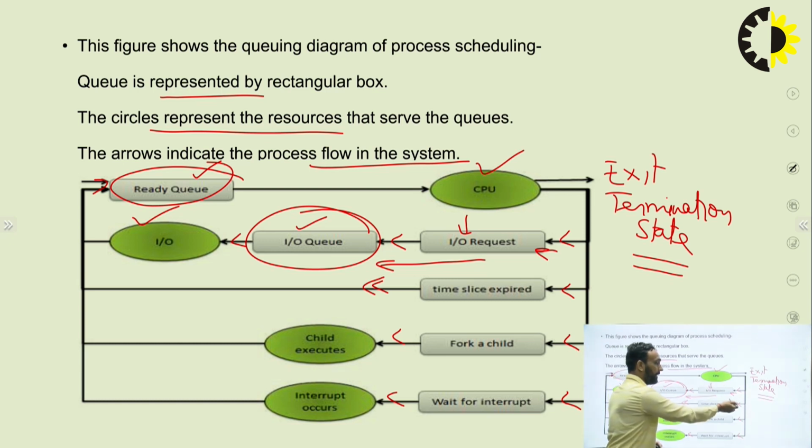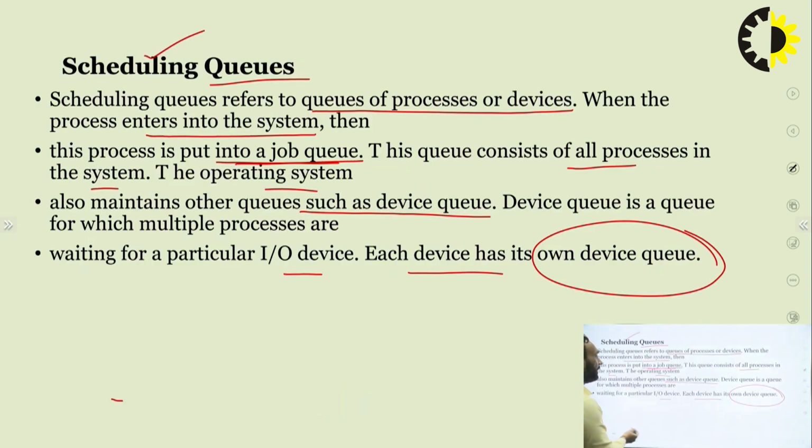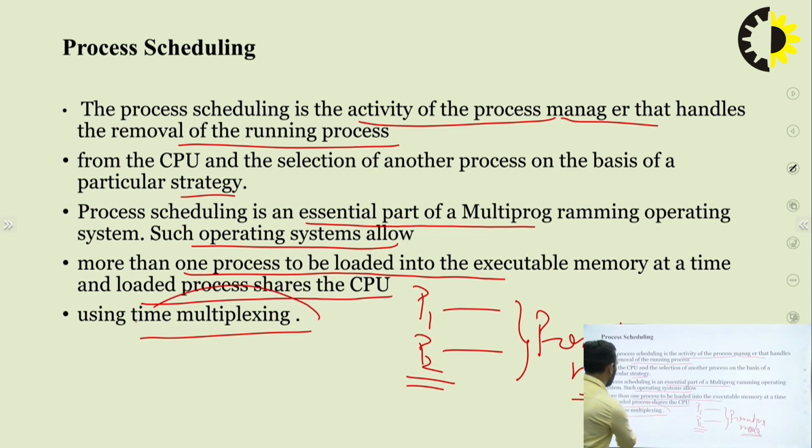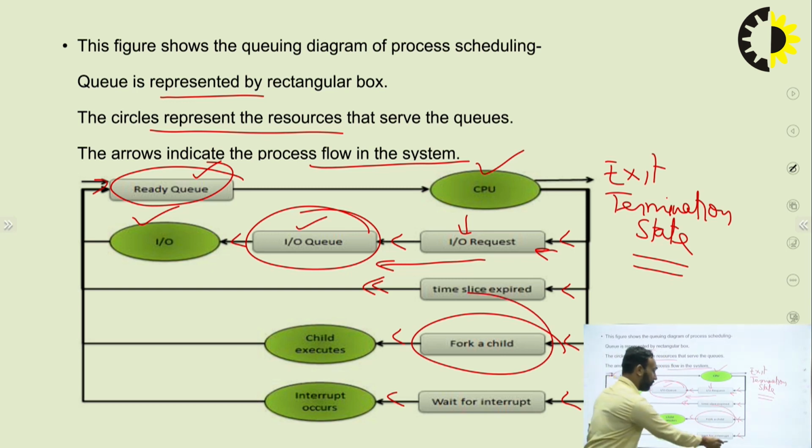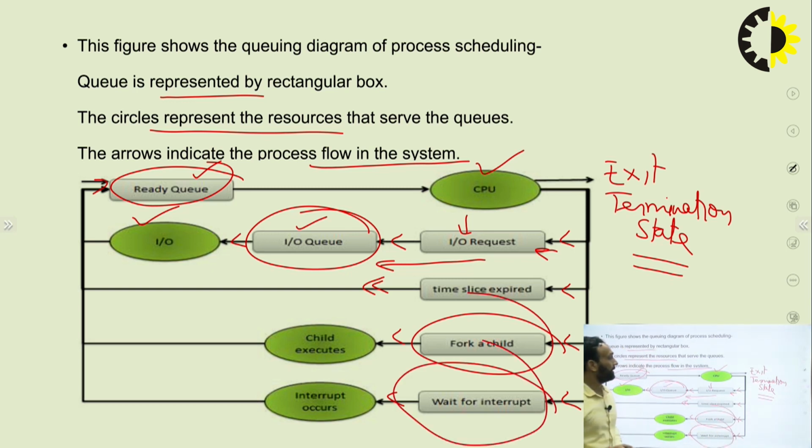Similarly, as said in a previous slide, time multiplexing is used for execution, for a child, and for waiting for an interrupt. So these are the different execution modes, or waiting modes, of a process, but finally they queue again, and this repeats till the execution of the last process.